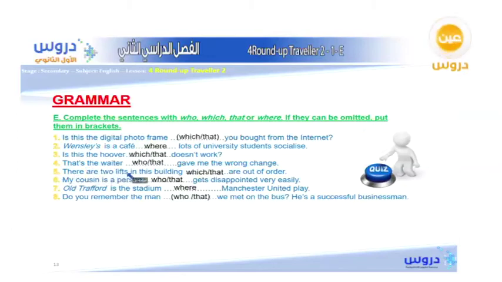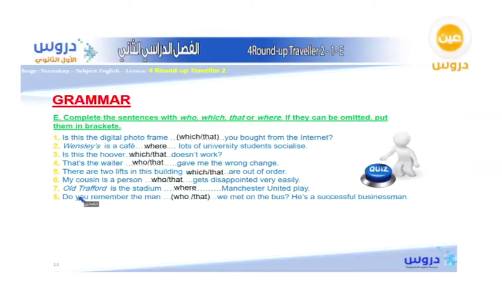There are 2 lifts in this building which or that are out of order. My cousin is the person who or that gets disappointed very easily. Old Trafford is the stadium where Manchester United play.